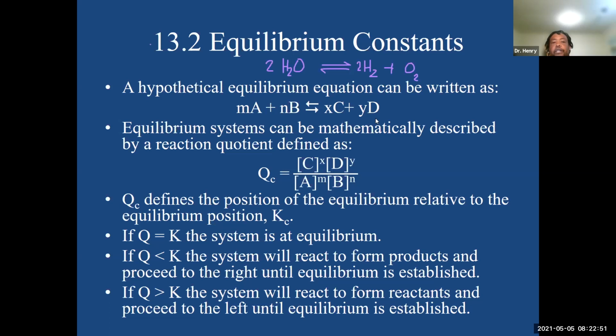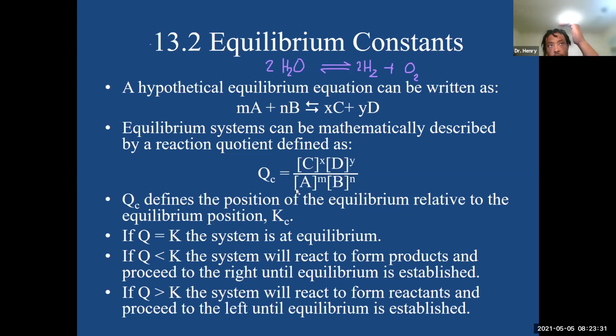Okay, so the first thing that we would define is called the quotient. The quotient is basically going to be that value at any given point during the reaction. And so the way that we define the quotient, Qc, is going to be equal to the concentration of the products to the power of their coefficients, divided by the reactants.